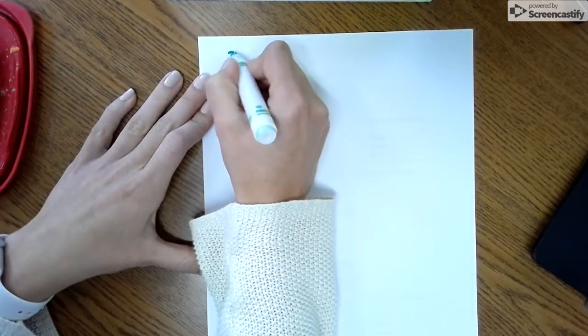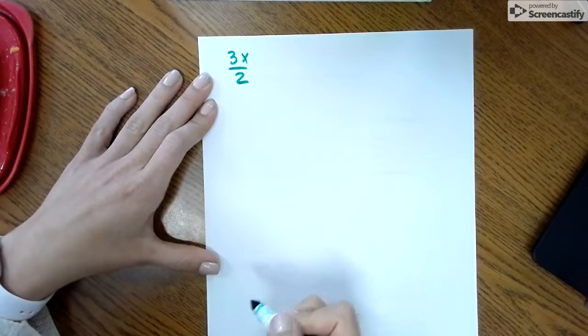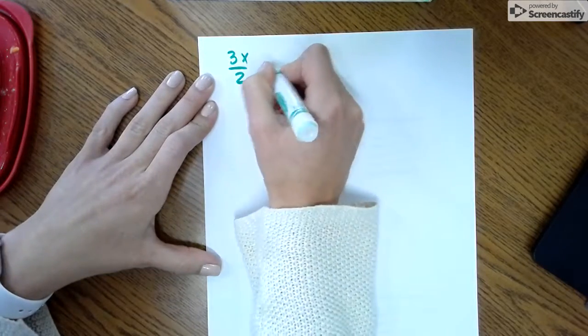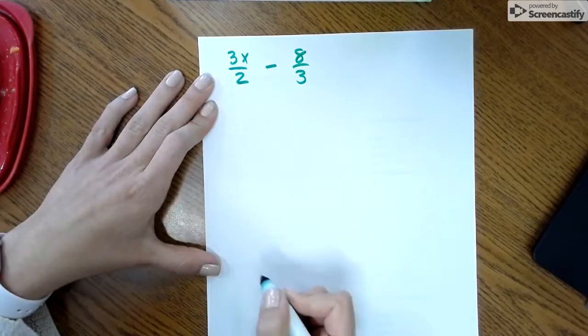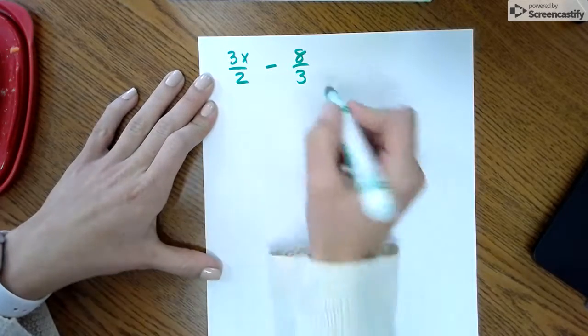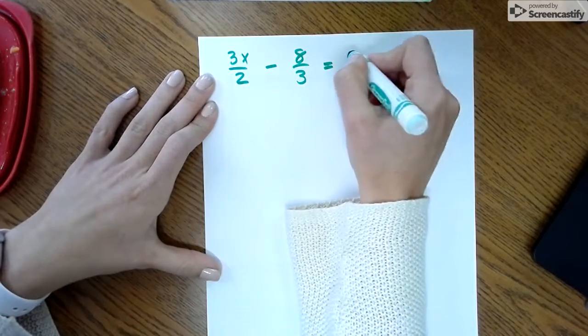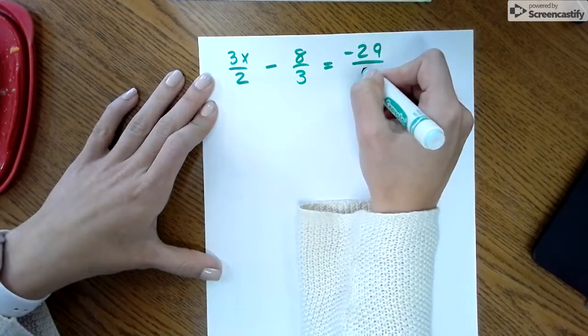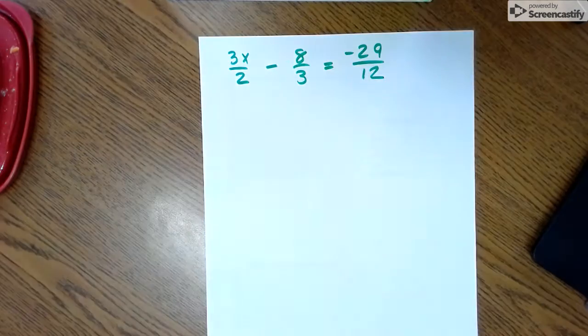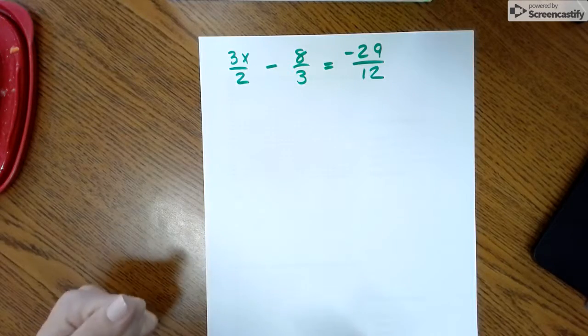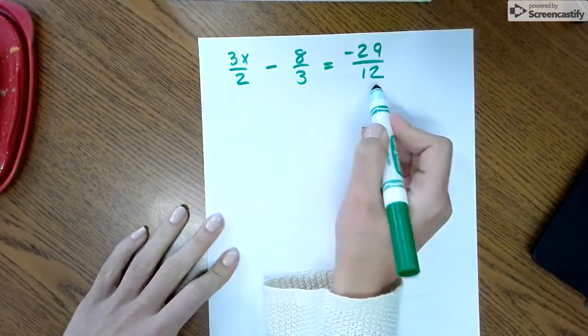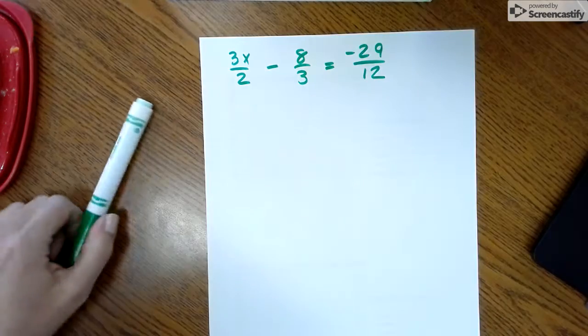All right, another example would be, let's see here, 3x over 2 minus 8 over 3 equals negative 29 over 12. Okay, so if I were to solve this one, again, instead of getting a common denominator, I'm going to find the common denominator and then multiply each term by that value.